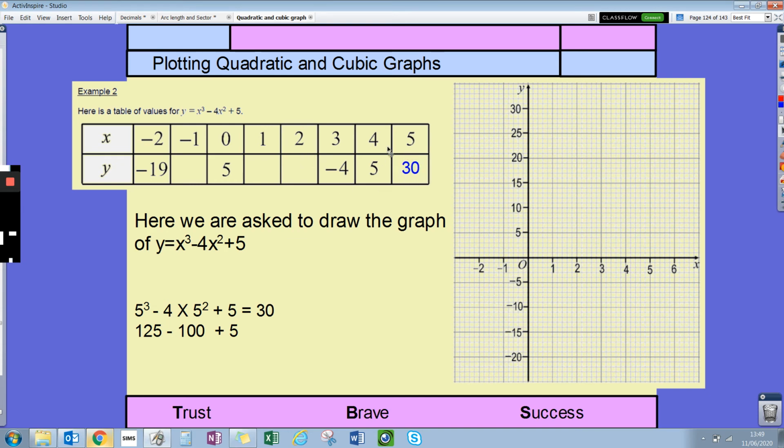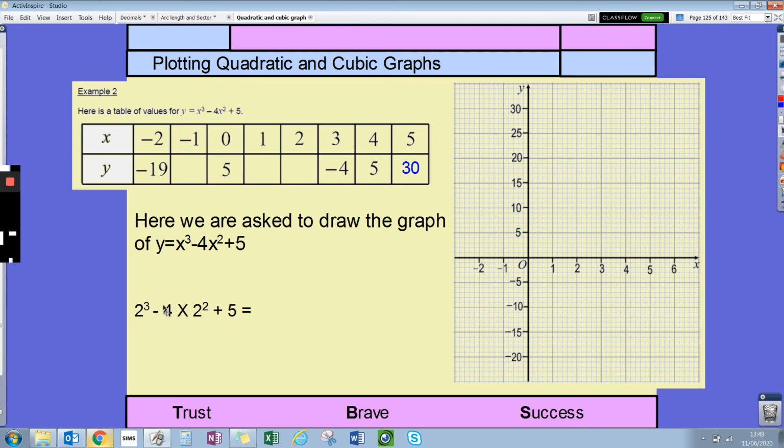Then, because these two have been done for us, we're going to move to x equals 2. So again, I'm just going to swap in x equals 2. So I've done 2 cubed, take away 4 times 2 squared plus 5. So 2 cubed, 2 times 2 is 4, times 2 is 8.